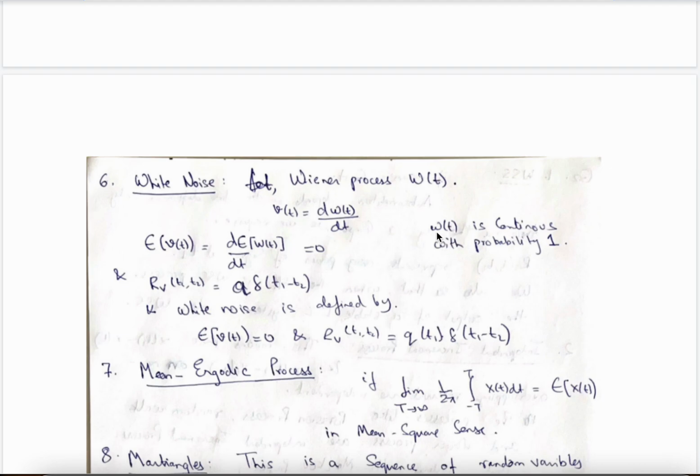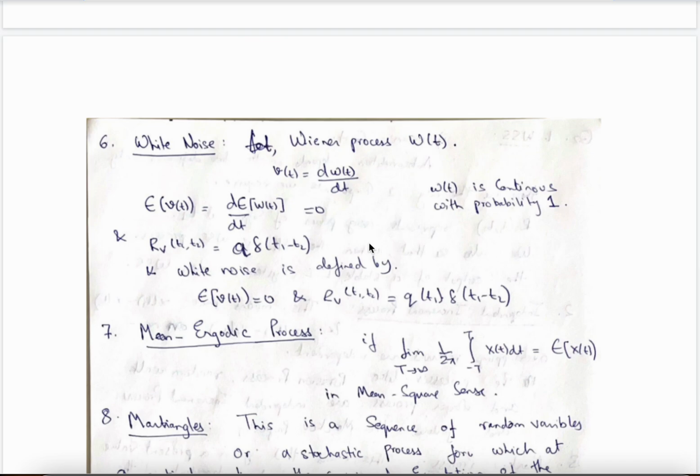And the Wiener process is continuous with probability 1. And R is basically the correlation of the white noise, R(t1, t2), which is A times delta of t1 minus t2. So the white noise has two properties. Its mean is 0 and its covariance is given by Q of t1 times delta of t1 minus t2.